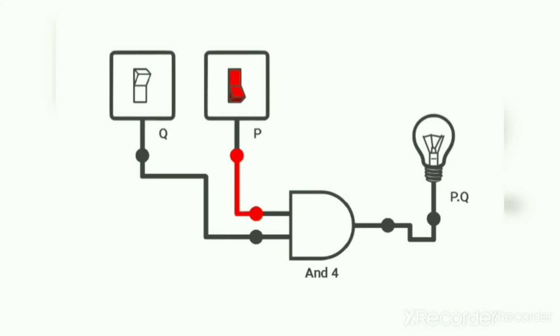Now we are moving to the last case, case number 4. That is P equal to 1 and Q equal to 1. You can see the P dot Q light is on. So we can conclude that if any input of an AND gate is false, then the output will also be false.